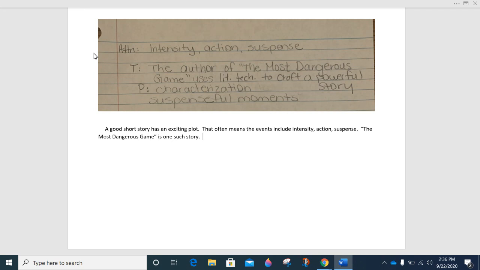Here's where I really get at my thesis statement. The author of this tale uses literary techniques. This is my thesis statement. It's what my whole essay is supposed to be about, to craft a powerful and interesting chain of events. Now notice that I didn't just say story again.